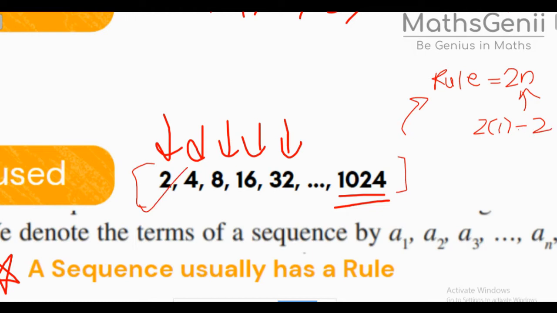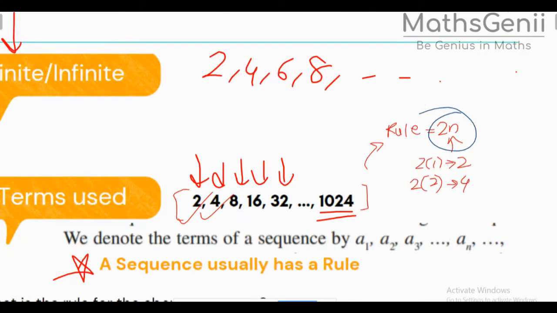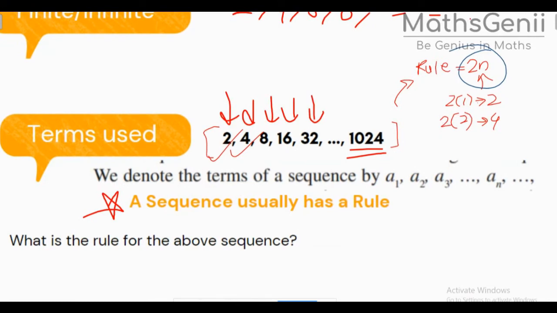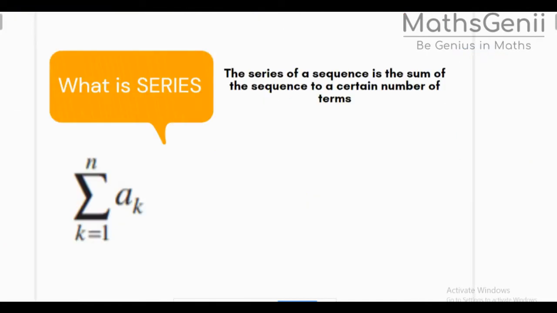That's your first element. If you insert 2 in place of n, you'll get 4. So this is the rule of this series. So a series follows a specific rule. That is what this slide is trying to tell you. Pretty simple. Let's see what's in store next.